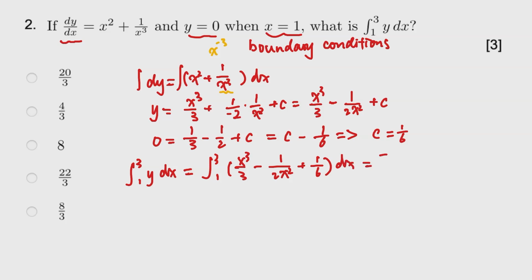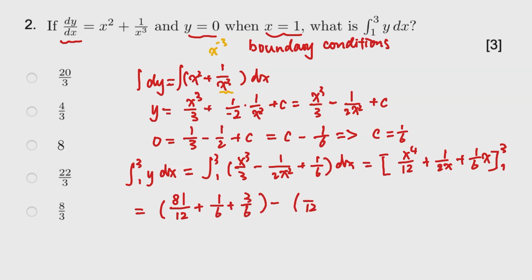Again, here we use the reverse of the power rule, so we will have x to the power of 4 over 12 plus 1 over 2x plus x over 6, and we put 3 and 1 in the result, which will give 81 over 12 plus 1/6 plus 3 over 6 minus 1 over 12 plus half plus 1/6.